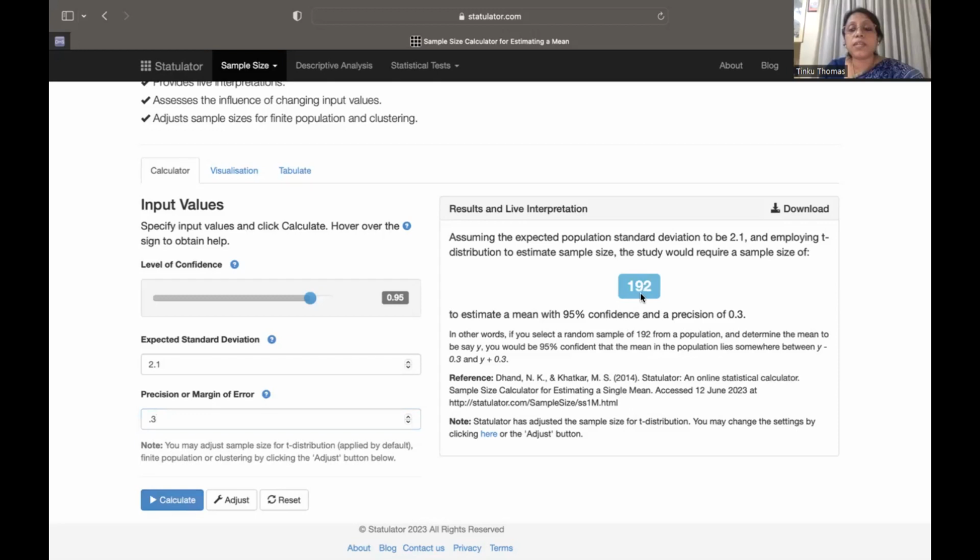So now, if you do the study on 192 people, you will get an estimate for mean hemoglobin with a precision or an error margin of 0.3. That means your actual mean estimate of hemoglobin could be higher or lower by 0.3 grams per deciliter, which is a pretty precise estimate. Okay, so that is how we calculate.